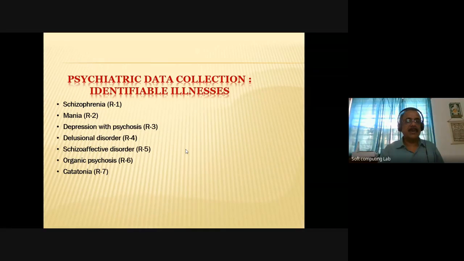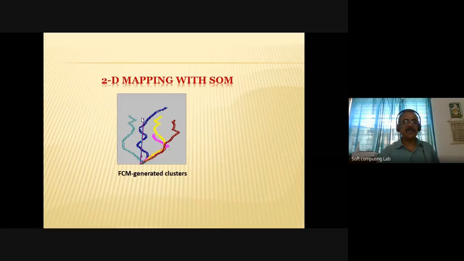According to that BPRS F2 manual, there are 7 grades of mental diseases: schizophrenia, mania, depression with psychosis, delusional disorder, schizoaffective disorder, organic psychosis, catatonia. So these are the 7 classes of mental diseases. Using that data, we could do a very good clustering also.